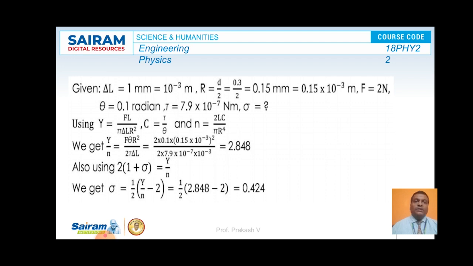And also we know that 2 into 1 plus sigma is equal to y by n. So this is a formula, and hence we can write sigma is equal to 1 by 2 into y by n minus 2. Then on substituting the value of y by n, we get the value of Poisson's ratio sigma as 0.424. So this is the value of sigma.